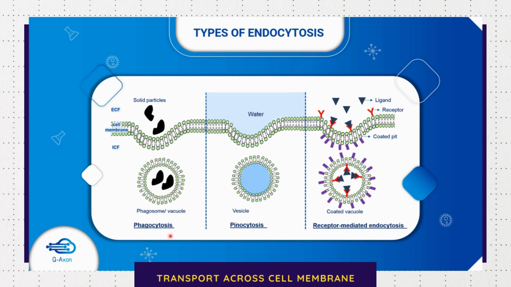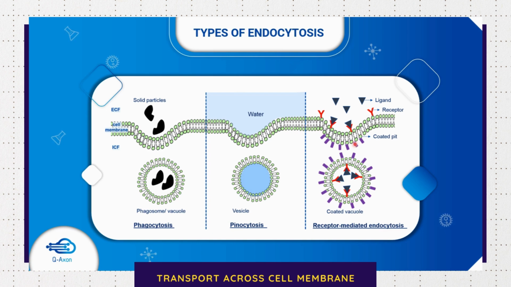One example of phagocytosis is done by WBCs. Next is pinocytosis, also known as cell drinking. Here very small vesicles form, and very small substances are taken up in solution. The third one is receptor mediated endocytosis, which we call caveola mediated or clathrin mediated endocytosis.